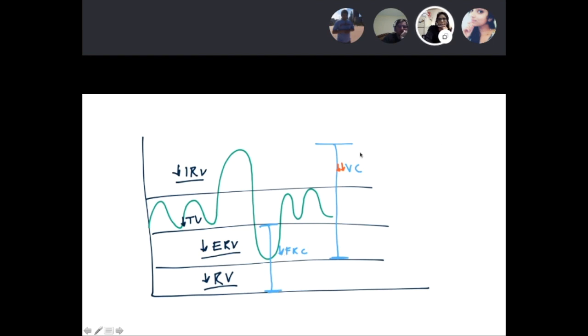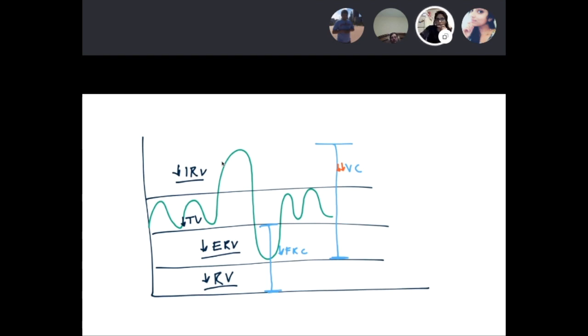And the vital capacity, or the FVC, will also then be decreased. And we're going to take a moment and look closely at the forced expiratory volume at 1 minute, which makes up that ratio.